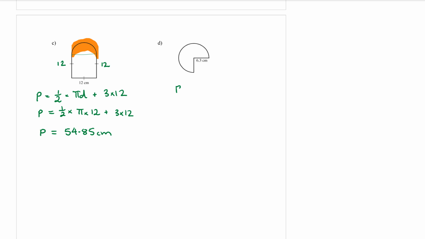So perimeter is going to be 3/4 times by, now that 6.3 would be the radius, so I want 2 pi r. So 3/4 of 2 pi r, that gives me the curve. Then I have to add on the straight sides, and they would be both 6.3. So 2 lots of 6.3.